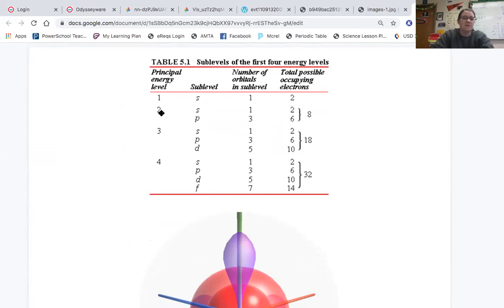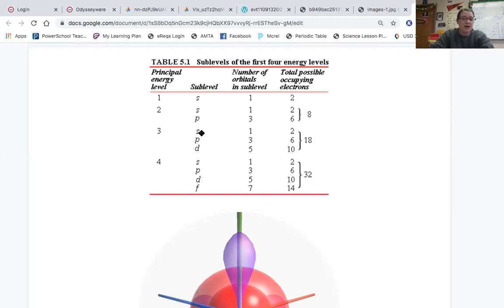If you're in energy level 2, you can have an s orbital and p orbitals. Since there's only one possible s orbital and there's 3 possible p orbitals, I know this one could hold 2 electrons, and each one of these could hold 2 electrons, so that holds 6. So energy level 2 fills with 8 electrons.